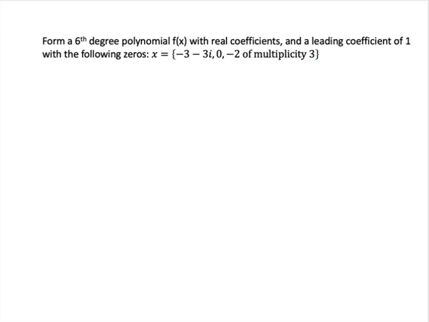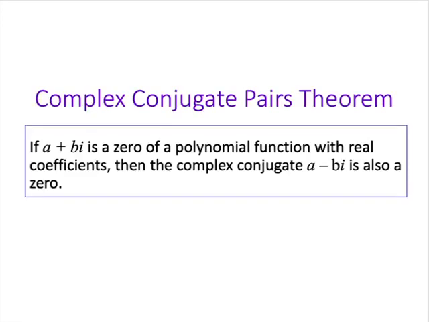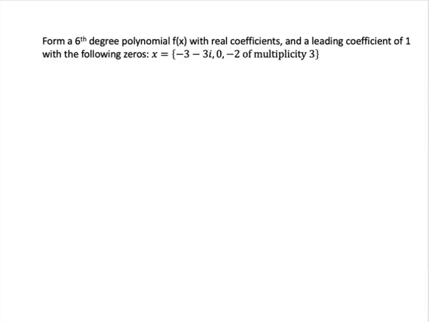Now, one thing to remember is that if a polynomial has real coefficients, then if you have a complex zero, like here we have a plus bi, then its conjugate, a minus bi, must be a 0. So for our problem here, we have a 0 of -3 minus 3i.